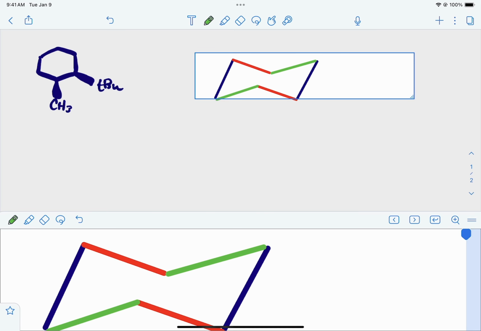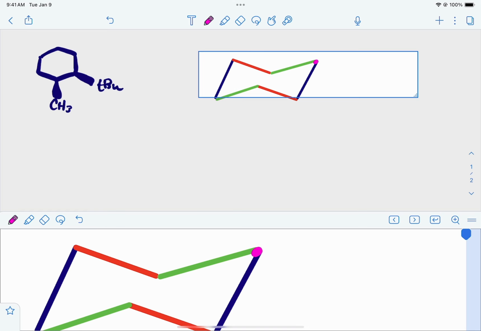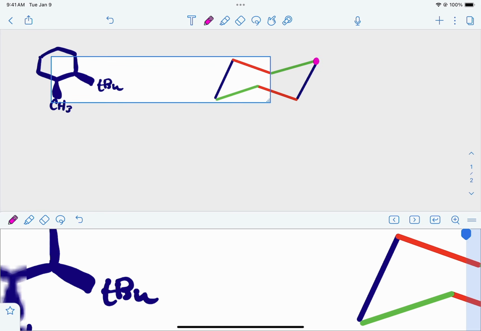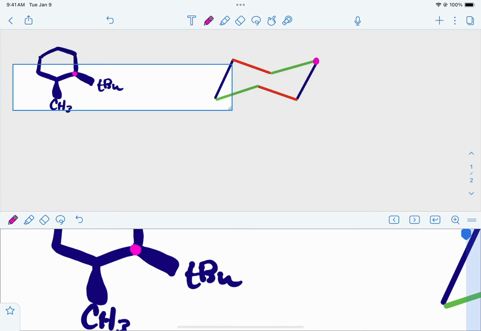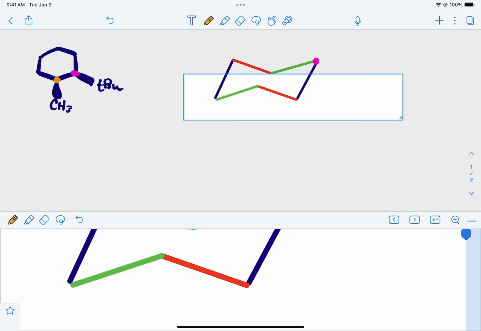And we'll just start there. Now, again, I always like to start with a group there. And so I'm going to arbitrarily assign that to be my T-butyl group. And then notice that the carbon bearing the methyl is one carbon clockwise around the ring. So if this is our T-butyl carbon, then this is going to be our methyl carbon.